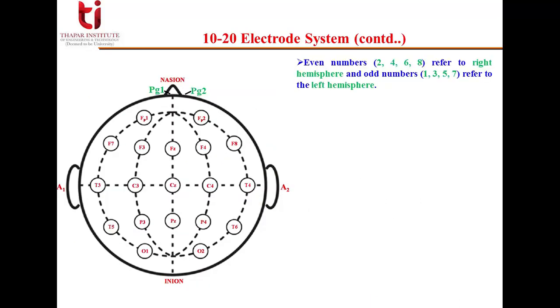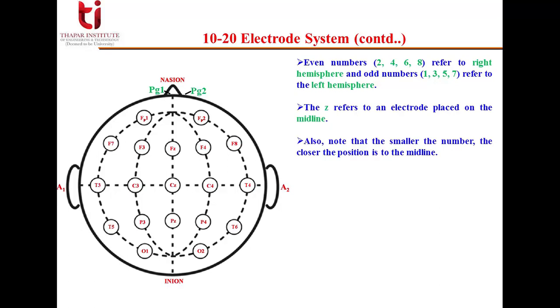Even numbers 2, 4, 6, 8 refer to the right hemisphere and odd numbers 1, 3, 5, 7 refer to the left hemisphere. The Z refers to an electrode placed on the midline. Also, you can see that the smaller the number, the closer the position is to the midline.